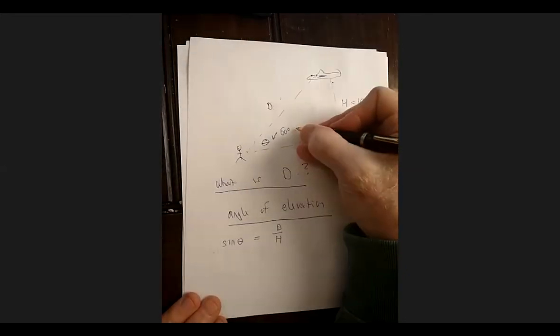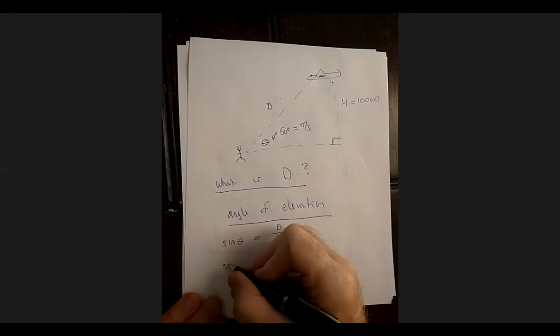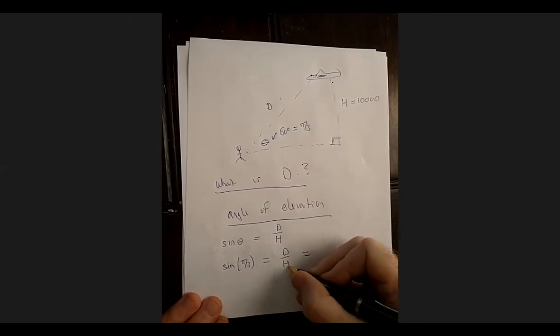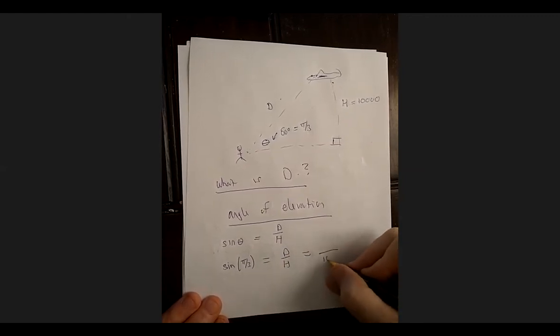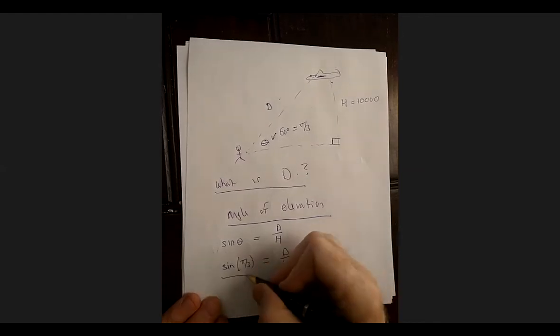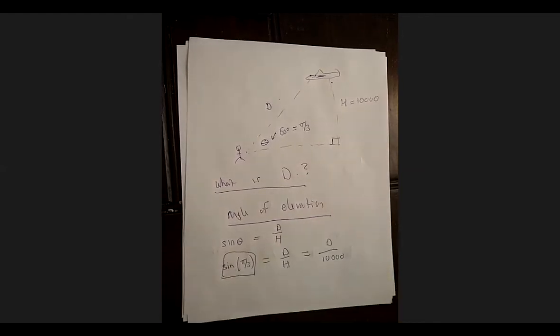And then 60 degrees is the same as pi over 3. So I could give the problem that way, and then I have to plug in whichever version you want. And I know that the height is 10,000. And what is this equal to? The sine of pi over 3.